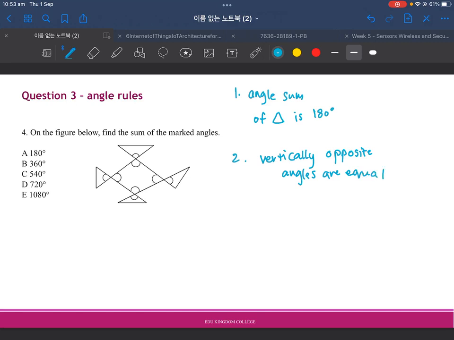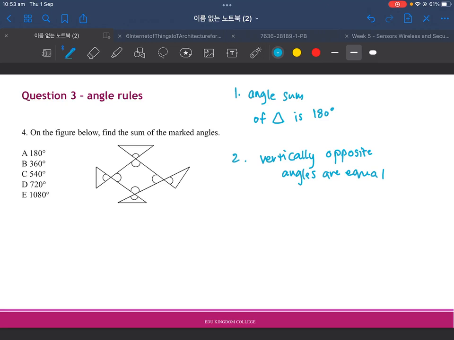Okay? And what I mean by that is, if I draw 2 straight lines, these angles here that I've listed are actually of the same value. Similarly, this angle over here is going to be of the same angle. Okay? So, once we've established that, let's have a tackle at our question.